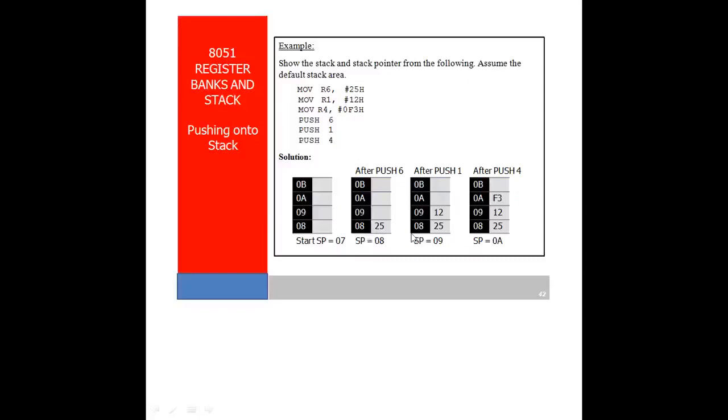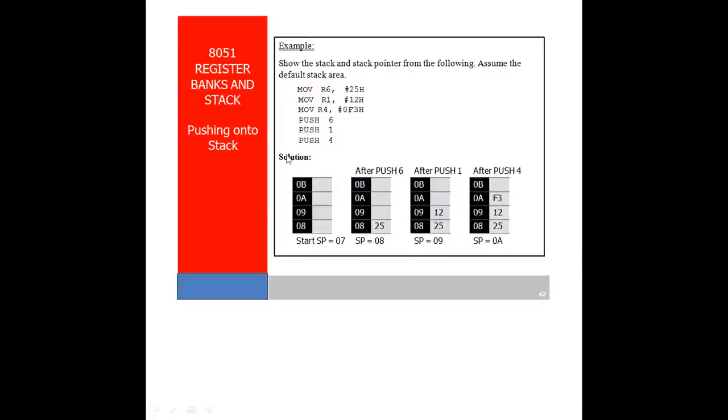And see that after executing the next instruction, push 1, the value stored in R1 will be loaded in location 09, because the push instruction is executed. So the stack pointer will be incremented by 1. Now the stack pointer value will be 09, and 09 will be loaded with the value 12 because R1 contains the data 12.